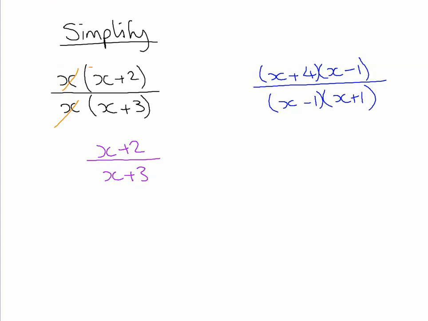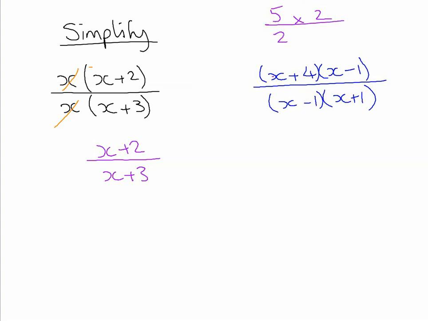Moving over here to the one on the right, now I can see I've got x plus 4 times by x minus 1, and on the denominator I've got x minus 1 times by x plus 1. So, this isn't the same question, but let's say that's a 5, okay? Let's just say that one's a 2. It's not, but I'm just making this up.